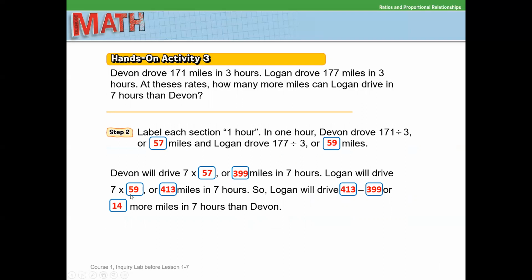Logan will drive 7 times 59, or 413 miles in 7 hours. So Logan will drive 413 minus 399, or 14 more miles in 7 hours than Devin.